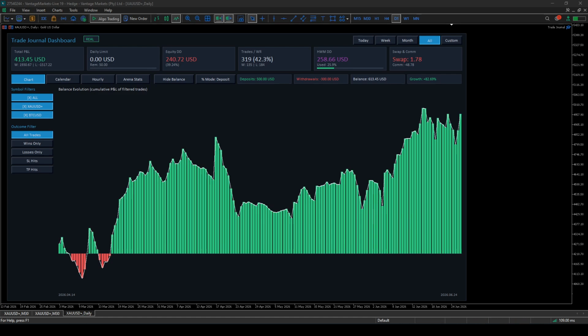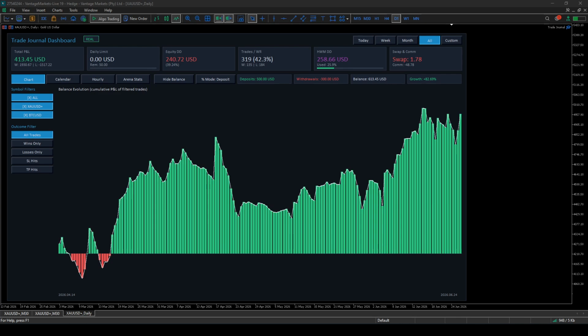Okay, so yeah, that's the trade journal dashboard. It runs directly inside your MT5, and it reads your history automatically. It updates every few seconds, and it works across every symbol and every time frame on your account.